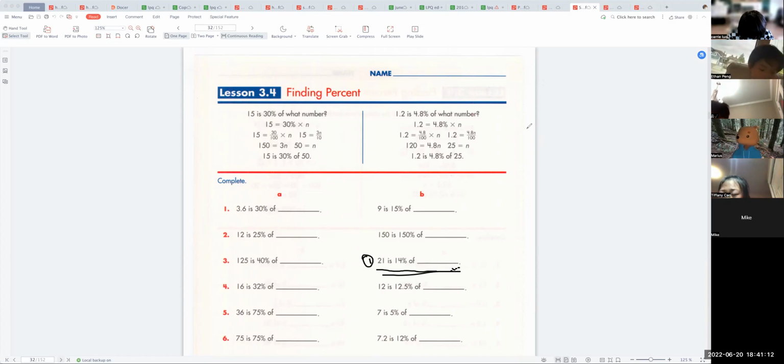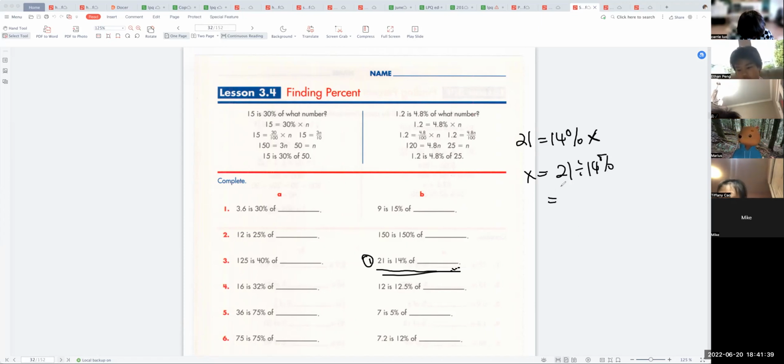The equation is 21 equals 14% times x. Okay, so x equals what? 21 divided by 14%. So equals what? Equals 21 divided by 0.14.